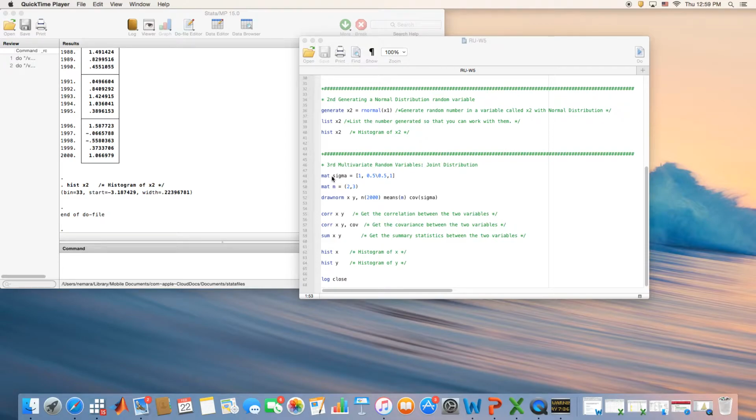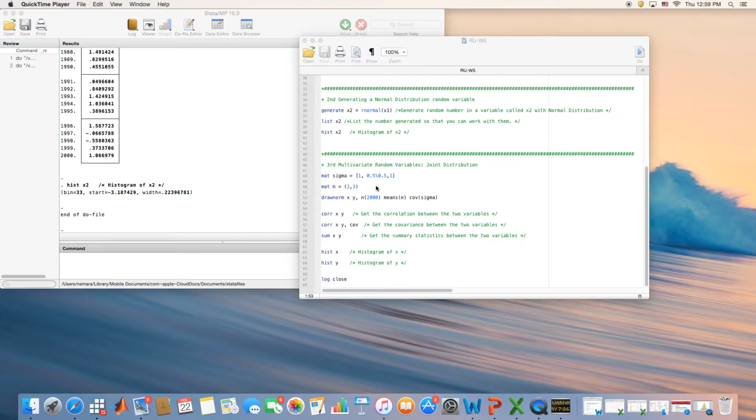We have to create a matrix, you can call it any name, I call it sigma here, that includes the variance and covariance between these two variables. So the first row, if I call them x and y, is going to be the variance of x and itself, the covariance of x with y, and then the second row is going to be the covariance between y and x and the variance of y and itself.